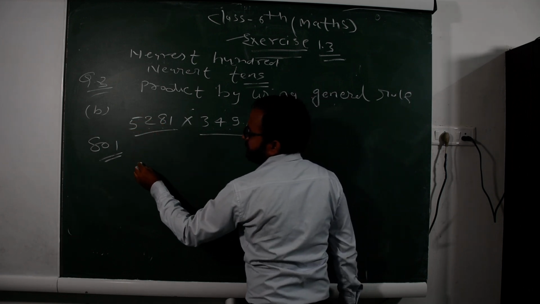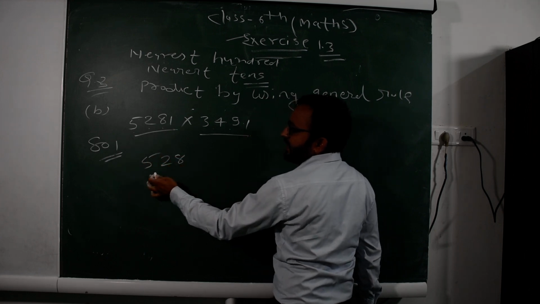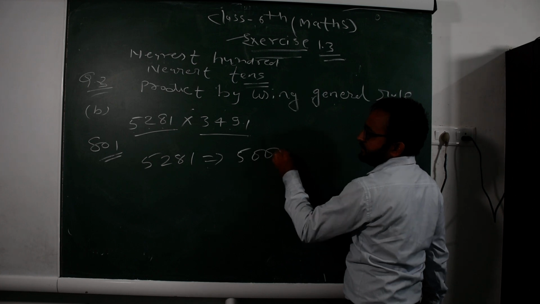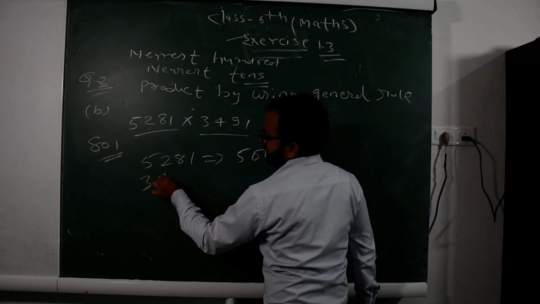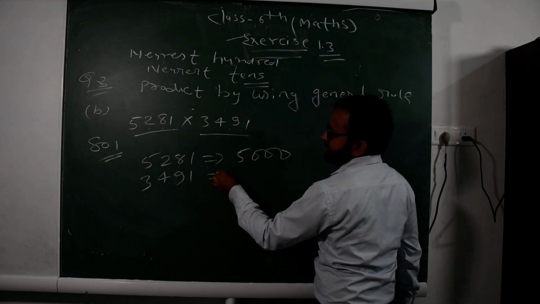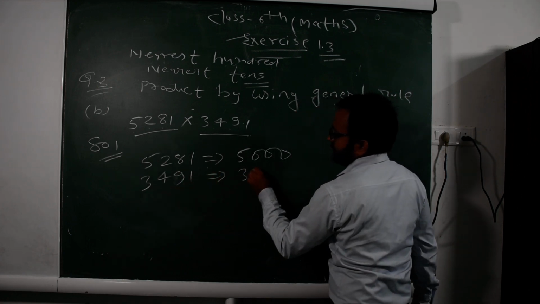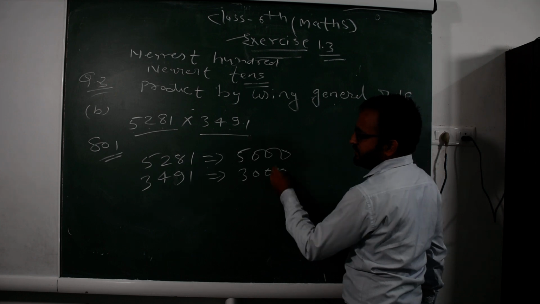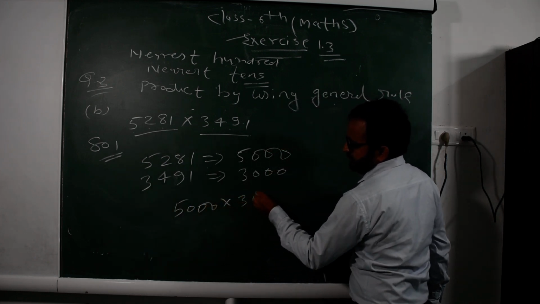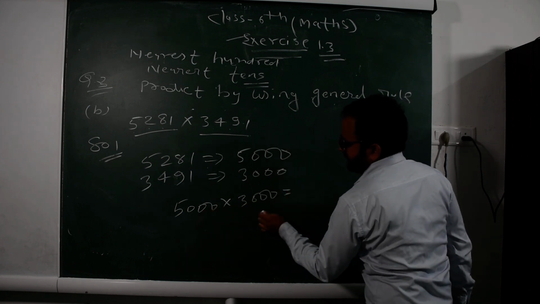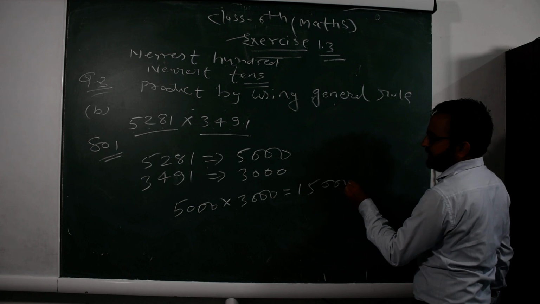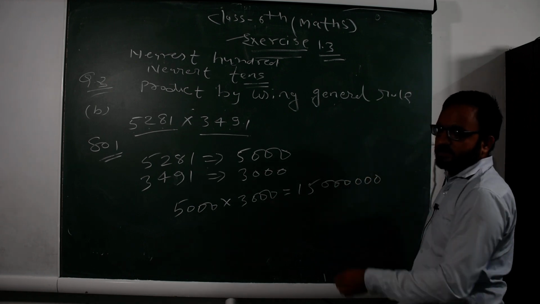That means 5281 is nearest to 5000 and 3491 is nearest to 3000. Now we put multiplication. 5 times 3 is 15, then 6 zeros.